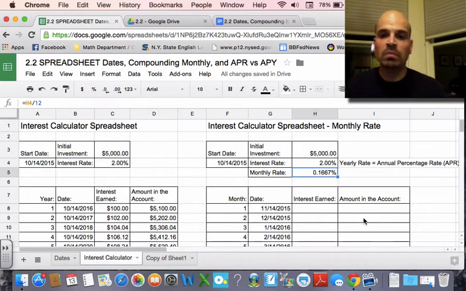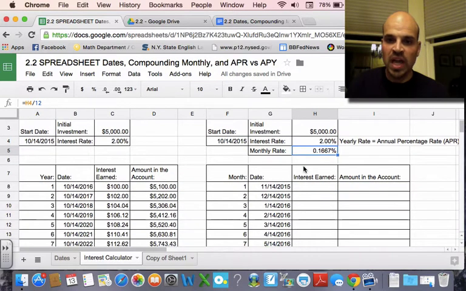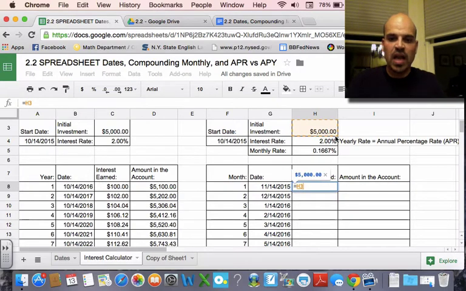So what I would like you to do is to take this table and calculate the interest earned each month, now that you have your date set. I'll do the first one with you. So this would be equals, I invested $5,000 and I'm multiplying that by my monthly rate, not my yearly rate, the monthly rate, which is just the yearly rate divided by 12.